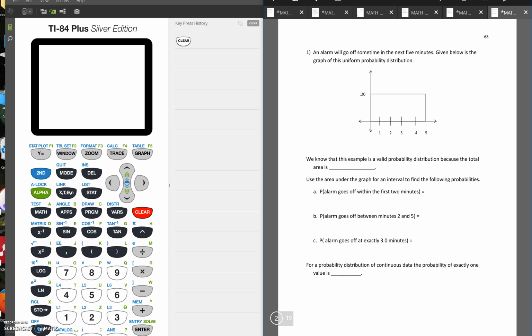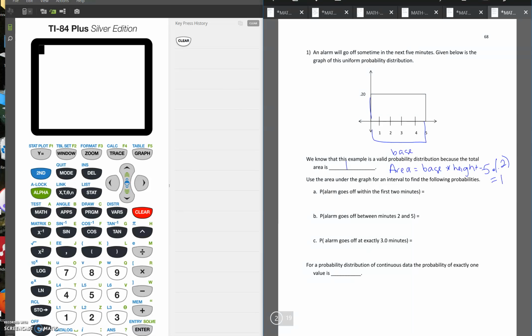We know this is a valid probability distribution because if we find the total area, remember, base times height, our base here is 5 units long times our height of 0.2. And if you take 5 times 0.2, you do get 1. So since the area is 1, we know it's a valid probability distribution.